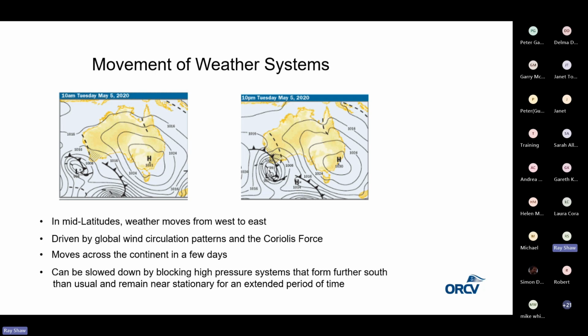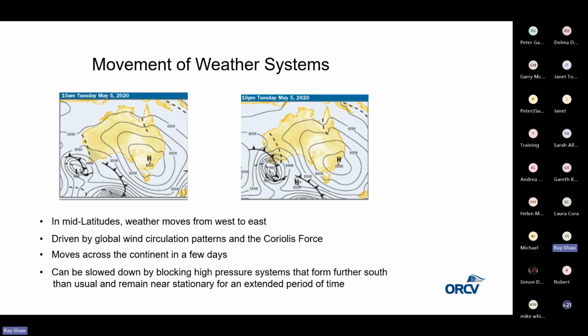You can see here a couple of weather maps, this one early on and one a bit later, 10 a.m. and 10 p.m., where the low pressure system has moved. Generally the weather moves from west to east, and it's driven by the global wind circulations we talked about last time, and also the Coriolis force.